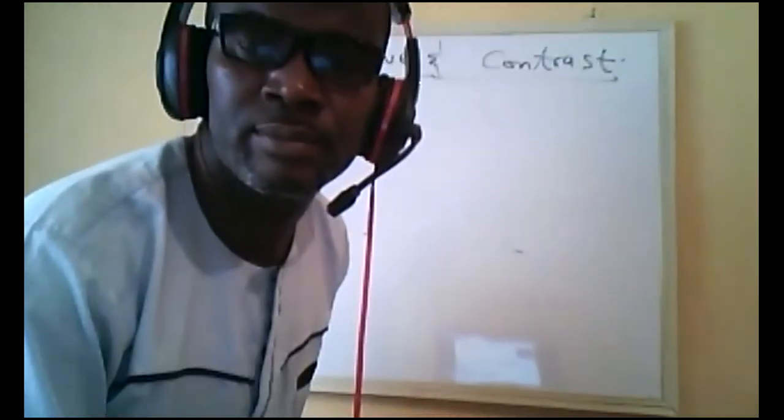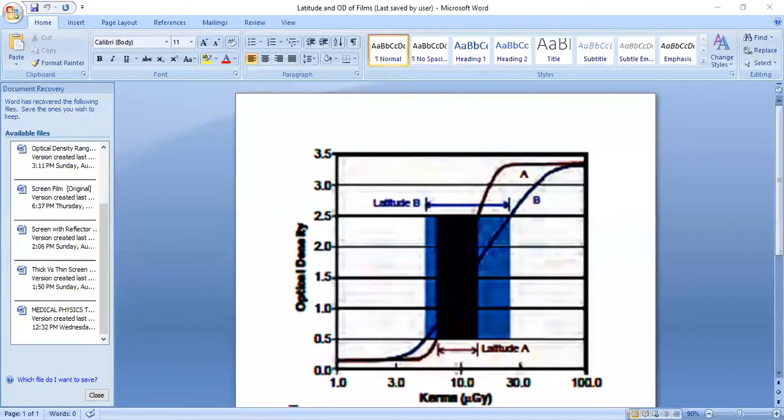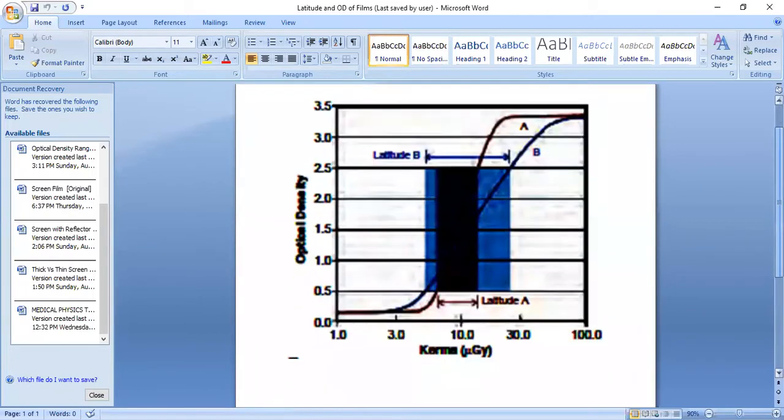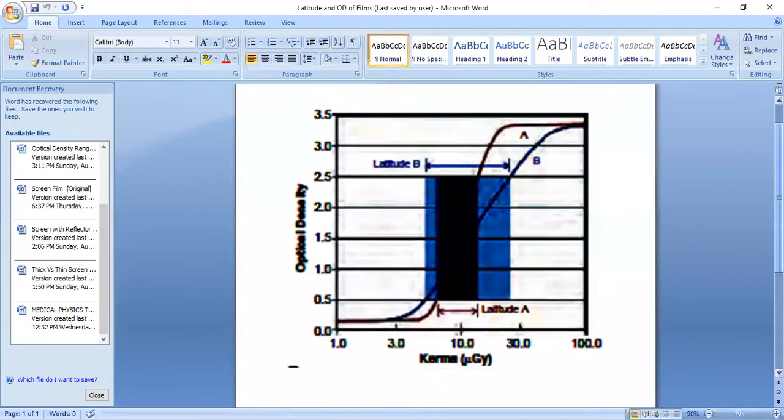So we have this particular graph. We have two graphs here, of course, from two different things. So graph A and then graph B.